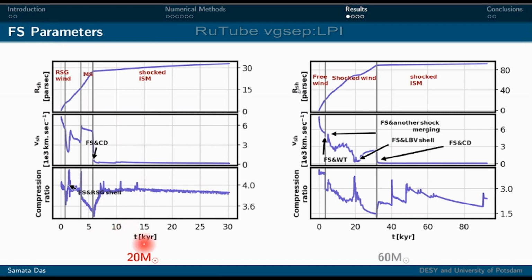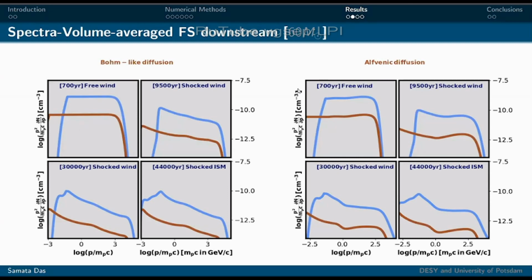For the 60 solar mass star, you can see that the shock evolves through a very hot bubble. So the compression ratio diverges from the value 4, which is the standard DSA prediction, and reaches 1.5. So we can expect a very soft spectrum for the 60 solar mass star.